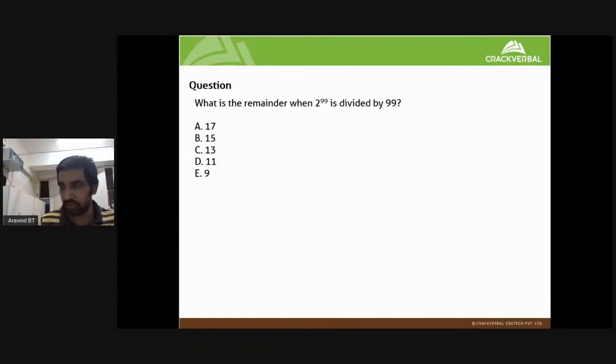I hope I've given you some really interesting and useful techniques for you to employ when you are dealing with remainder questions. I hope I've made it easier for you to now deal with remainder questions, because that was the objective, to help you not get overwhelmed by remainder questions, because in our experience as quant teachers, questions on remainders are typically one category of questions that can trouble students.